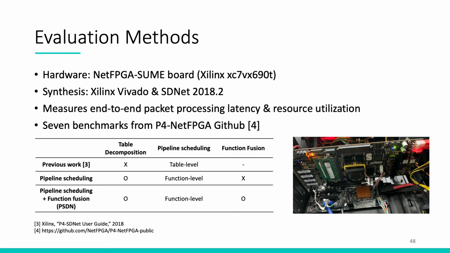Previous work is the P4 SDNet compiler that only performs table-level pipeline scheduling. Pipeline scheduling of this work performs table decomposition and function level pipeline scheduling. And the third is adding function fusion, that is the full feature of our PSD compiler.